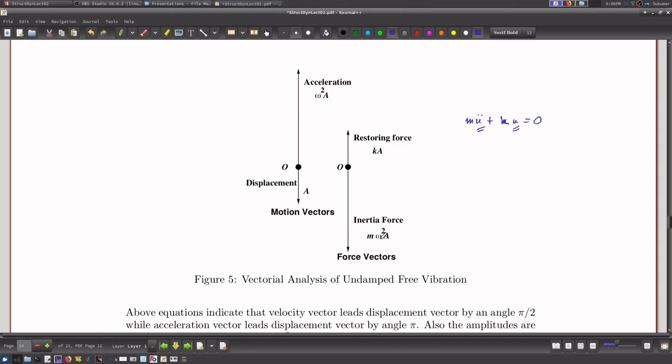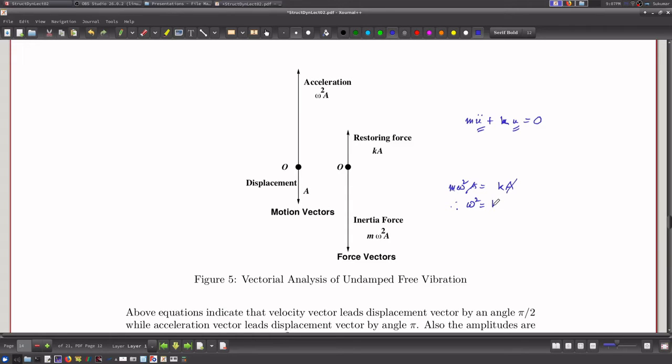So I have m omega square a equal to k times a, and therefore for equilibrium this restoring force must be equal to this inertia force, and therefore I get m omega square a is equal to k times a from force equilibrium, and therefore omega square will be simply k by m, right?